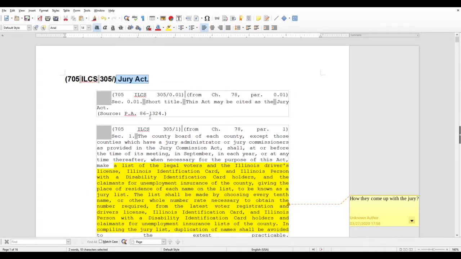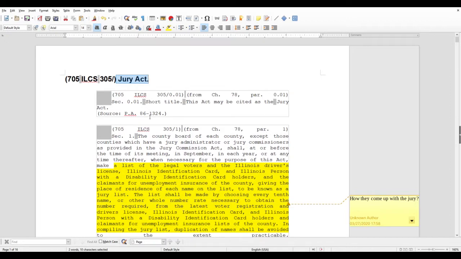Now, we're looking at Illinois, but this video really is going to apply to all states, generally speaking. Each state is going to have its own specific twist and its own nitty-gritty details, but on a high level, all state statutes are based off of the federal statute.